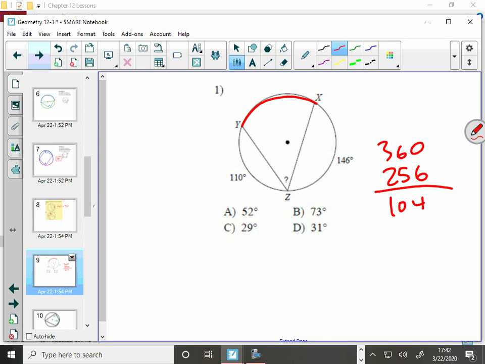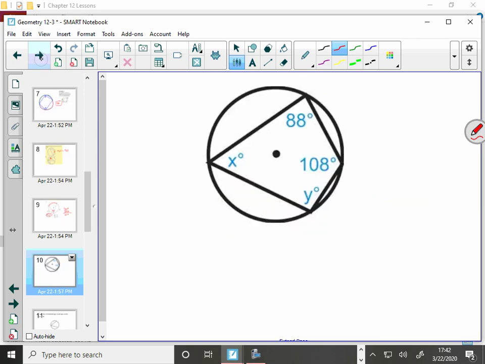And since that's 104, this question mark is half of 104, which is 52. We have a quadrilateral inscribed in a circle. Like we said a moment ago, the opposite angles are supplementary, which means x is 72 and y is 92.